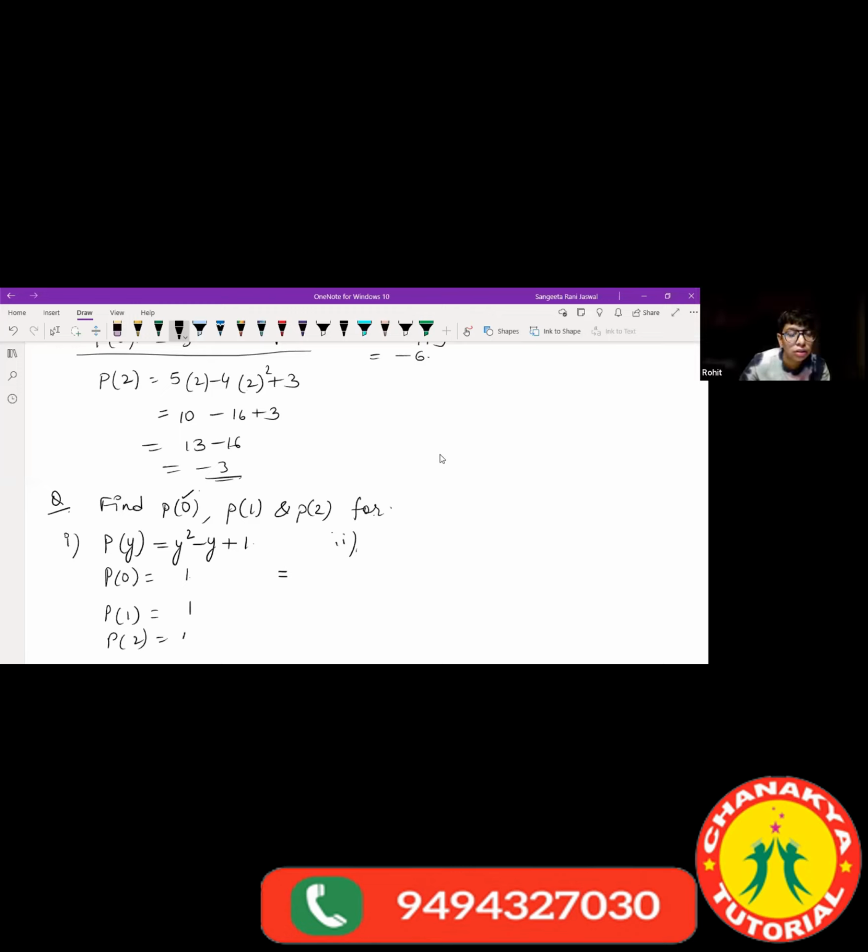This becomes 2 square, that is 4, minus 2, which is 2, plus 1, that's 3. Okay, good. So similarly, you can find for the remaining questions.